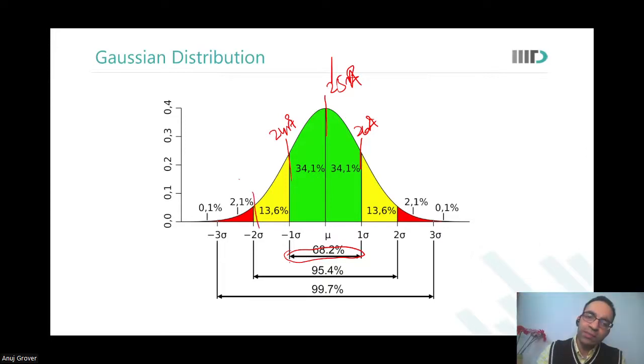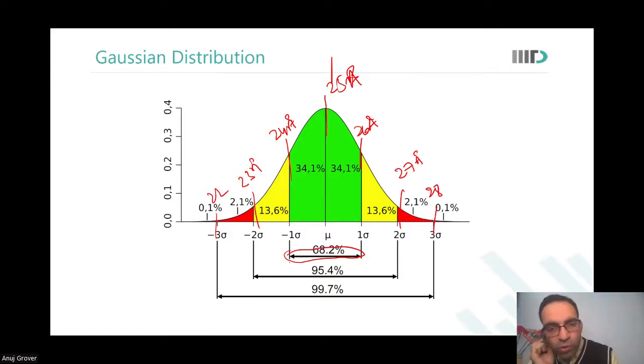Between 23 and 27 angstroms, you would have 95% of your samples. Between 22 and 28, the measurements that were shown on that micrograph, you would actually have 99.7% of your surface area having that kind of range.